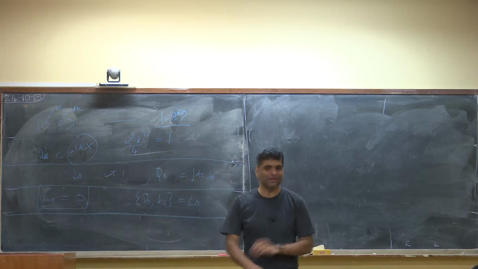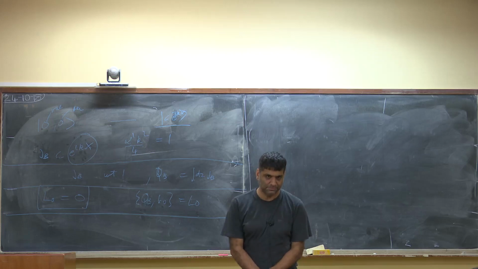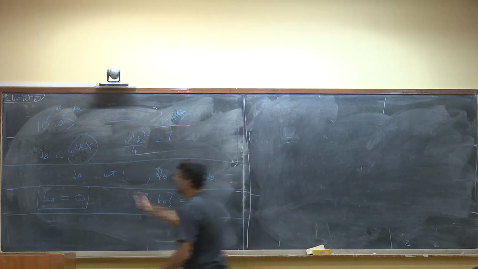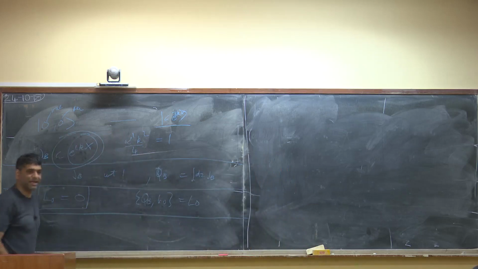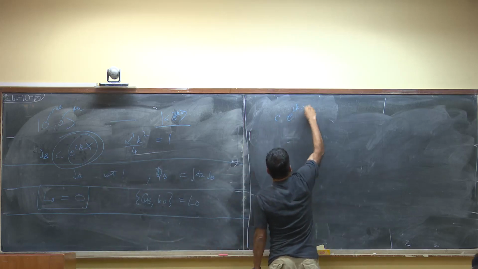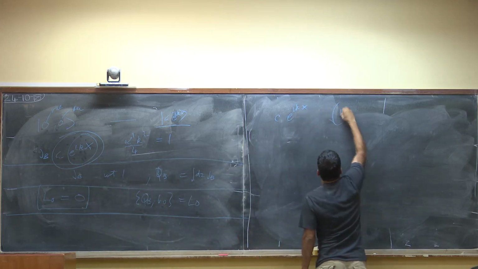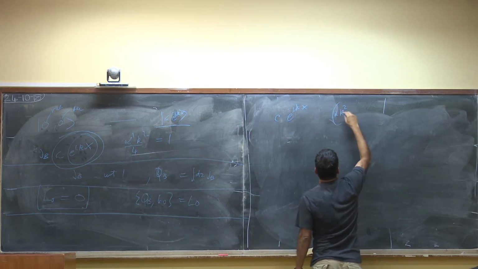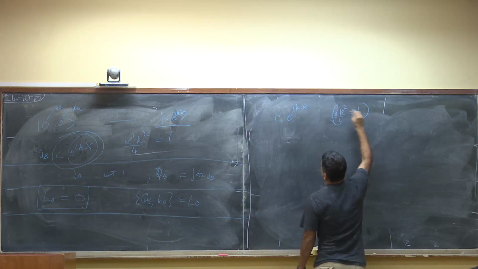But we've already done that calculation, and we got 0. So the first thing we realize is that this state is at least Q closed. C times e to the i k dot x with alpha prime k squared by 4 equals 1 is Q closed.